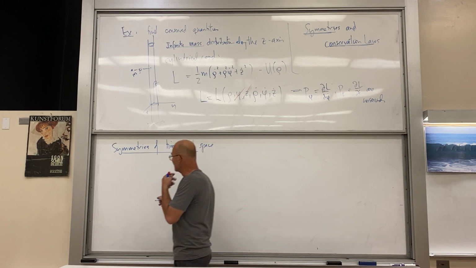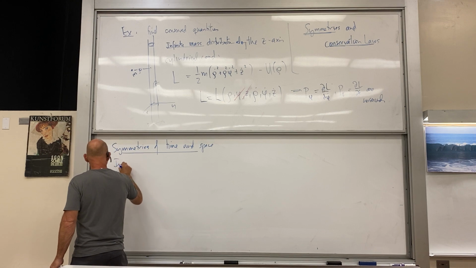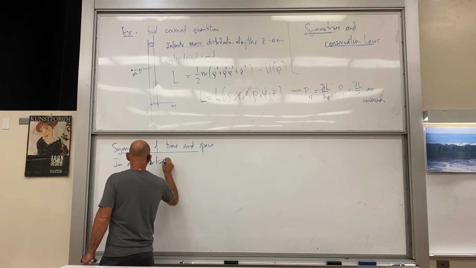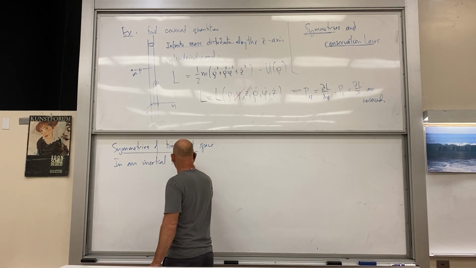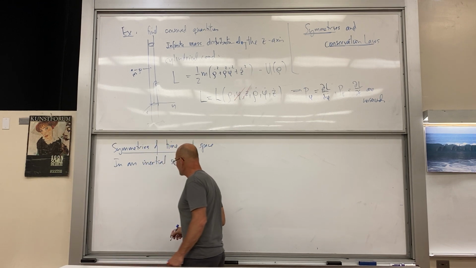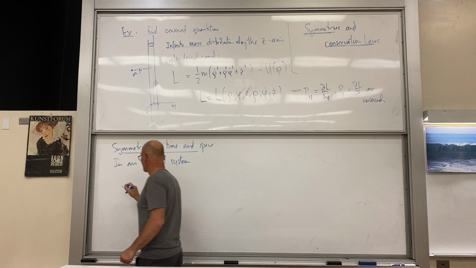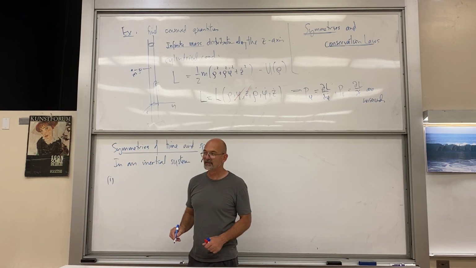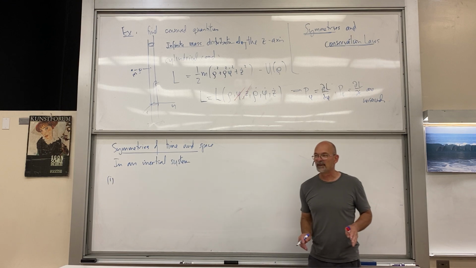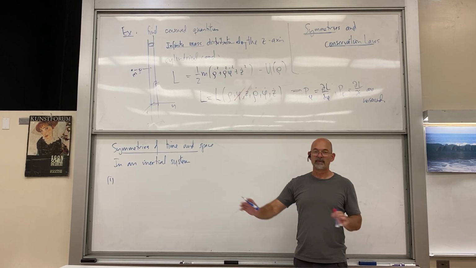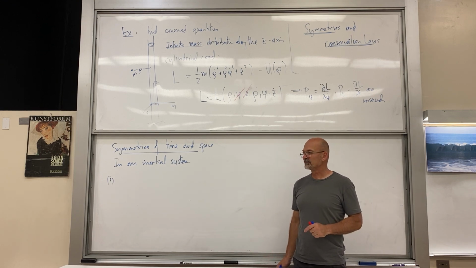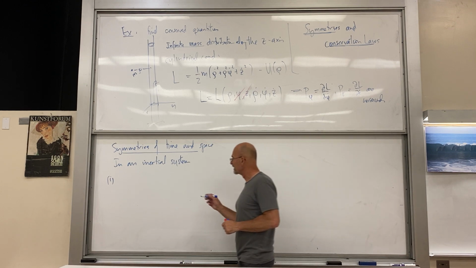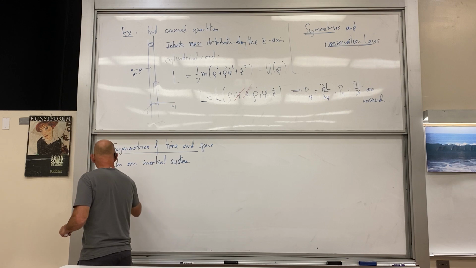So in an inertial system, the first thing we have is that we say time is homogeneous. That means that every instant in time is just the same as the next instant in time. So time is flowing uniformly. So we say time is homogeneous.